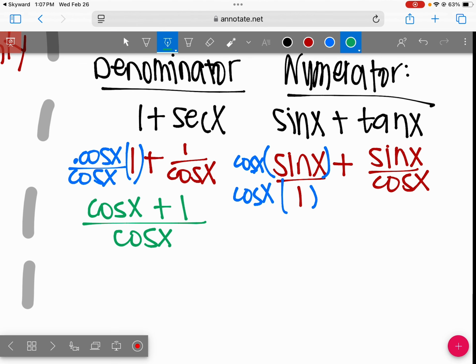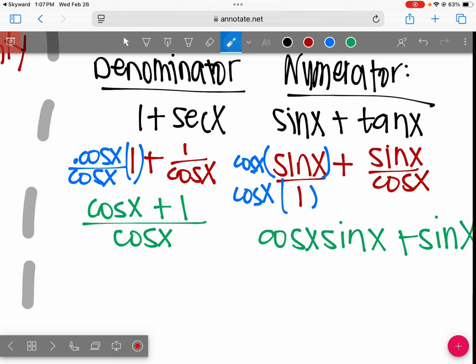So we end up with a cosine x sine x plus a sine x from this fraction over here. And then our two fractions have the same denominator.